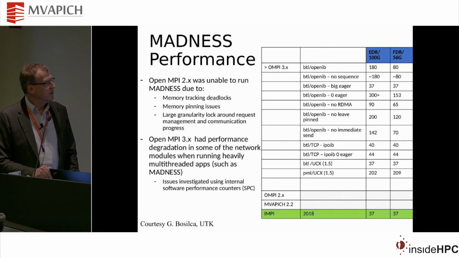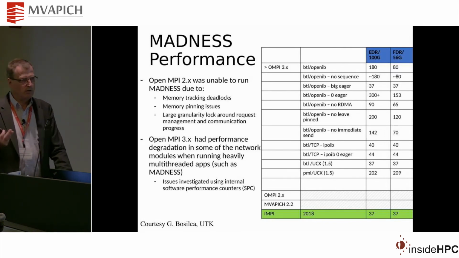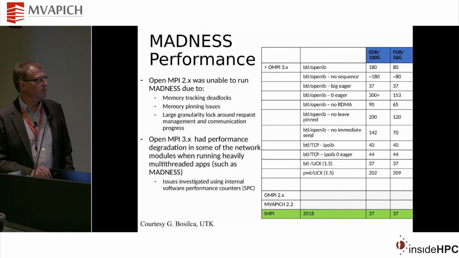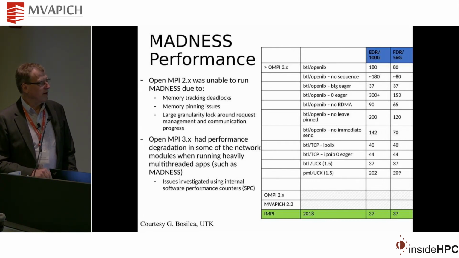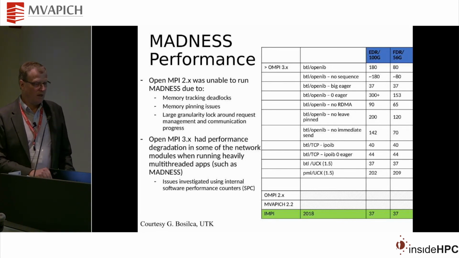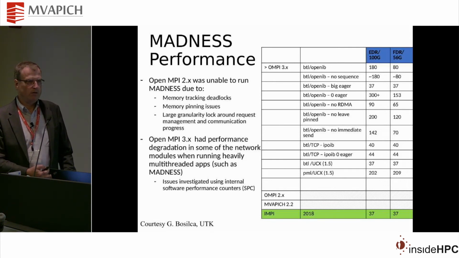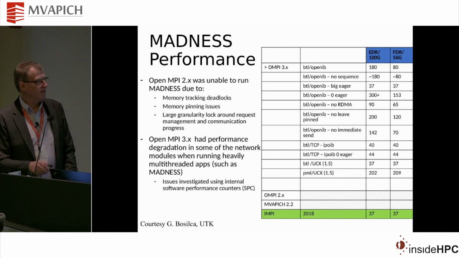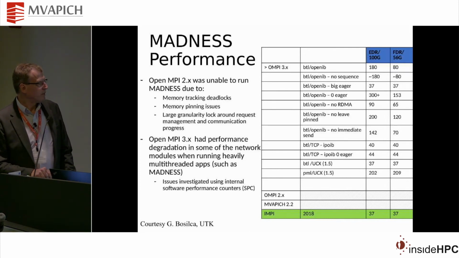And again, I mentioned some of these issues that come up in performance. When we initially tried to get MADNESS running on top of OpenMPI, there were some major issues. Part of it was to do with the granularity at which stuff was threaded. There was an actual bug in the memory allocator that was exposed running in this heavily multi-threaded setting.